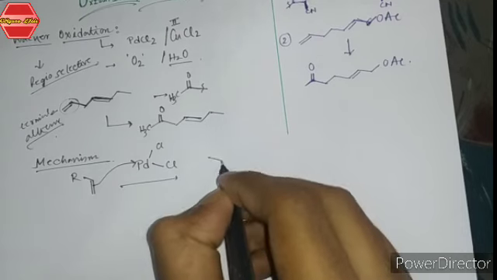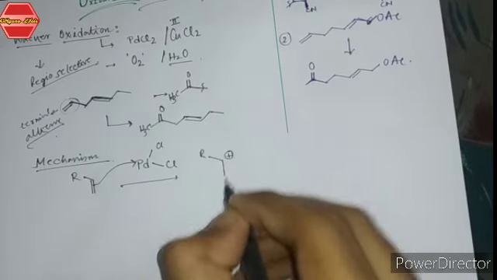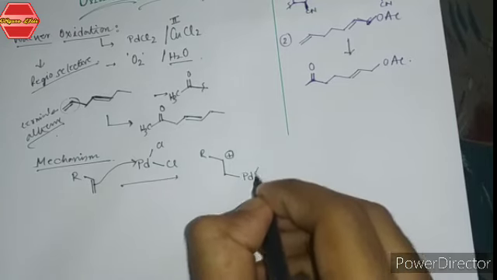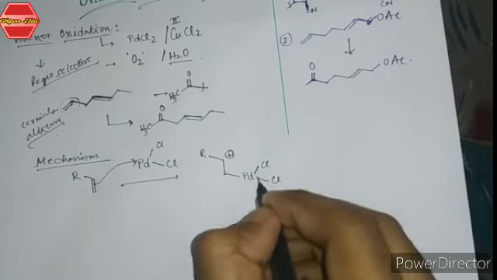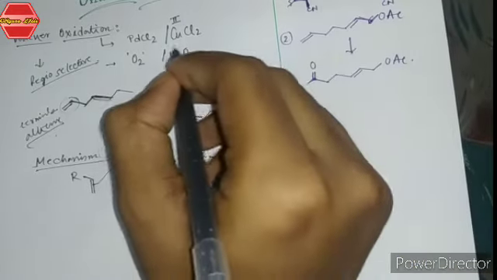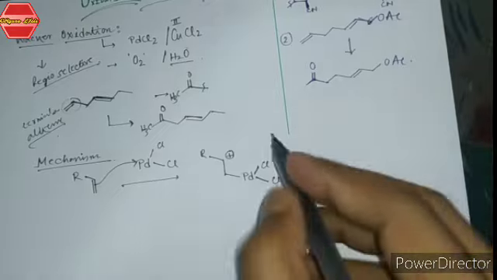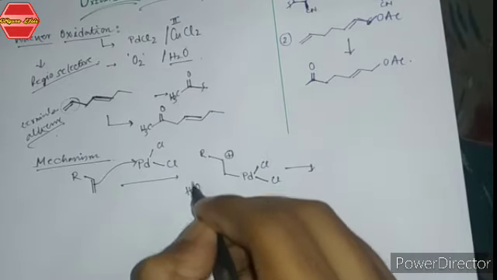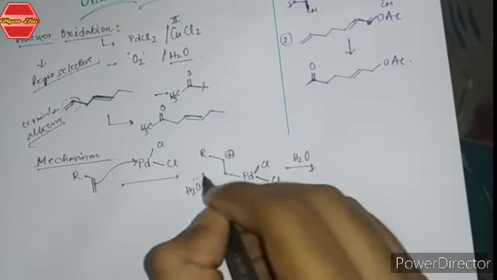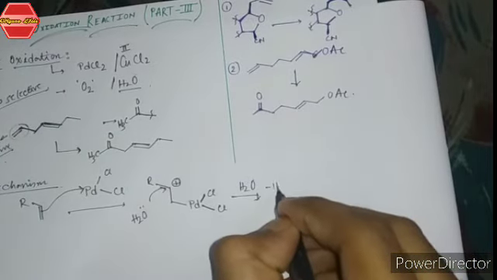The palladium here is positive and is attached to this carbon. Now in the medium we have water. So this water will attack this carbon. I am writing it as minus H plus.